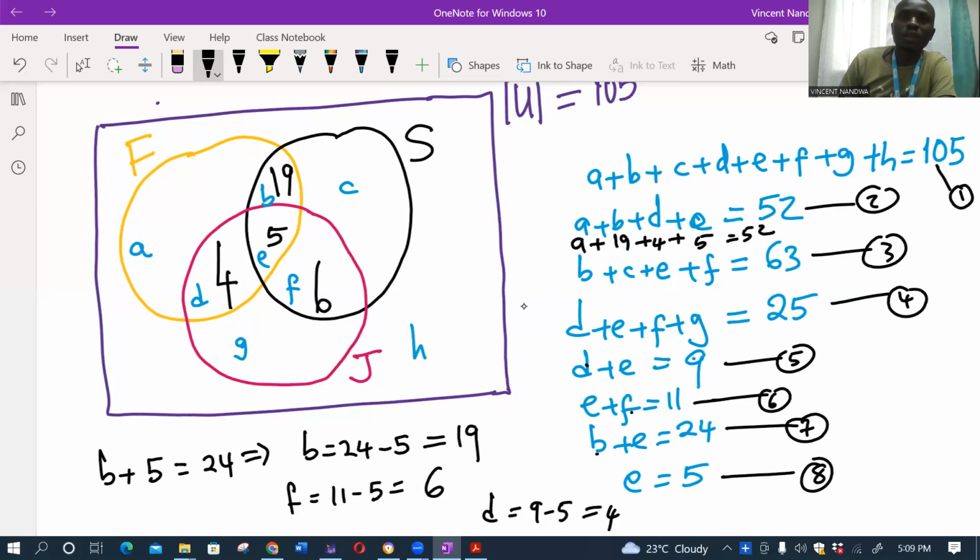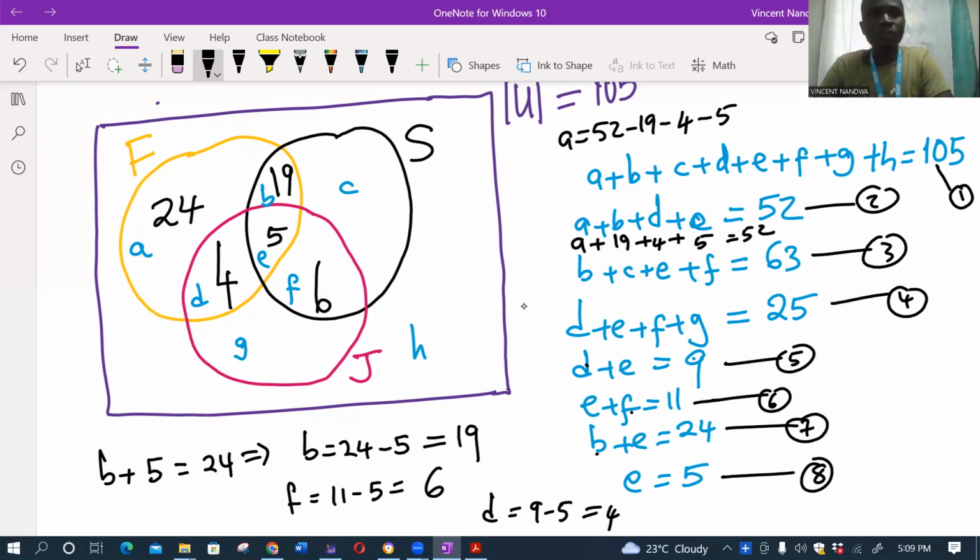Which means A will be 52 minus 19 minus 4 minus 5, and that gives you 24. So therefore, A is 24.